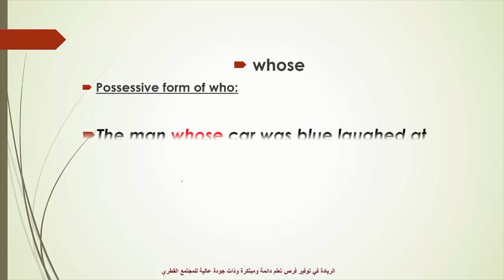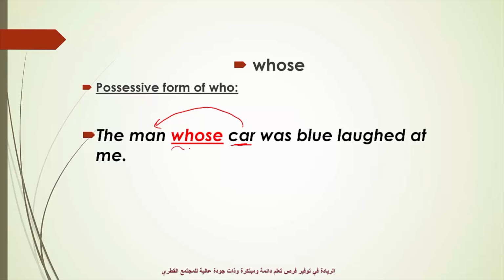We can also use whose. We use whose as a possessive form of who. For example, the man whose car was blue laughed at me. Here we say that the car belongs to a certain person, the man.